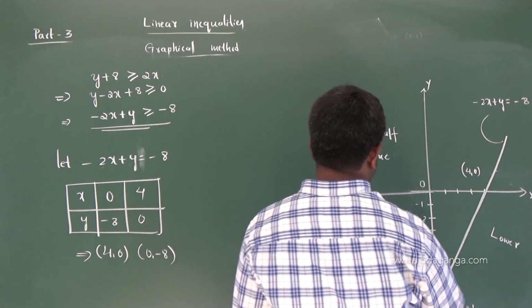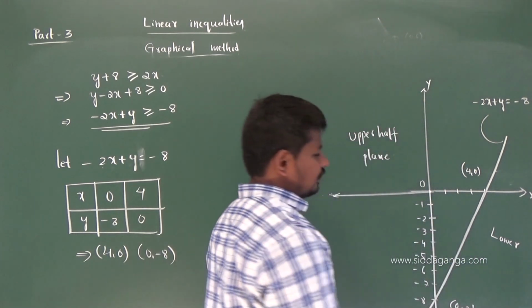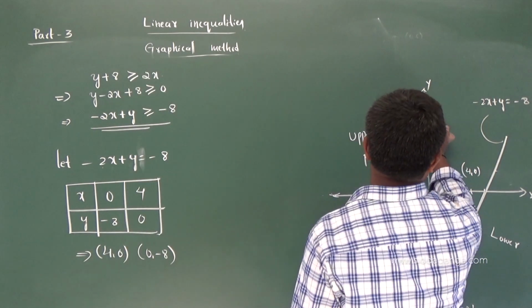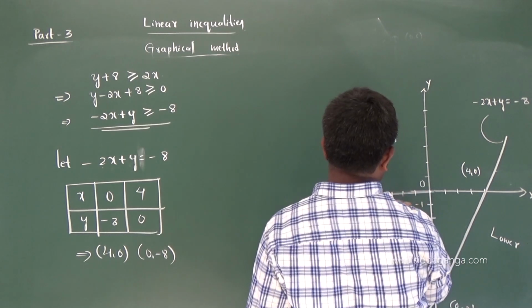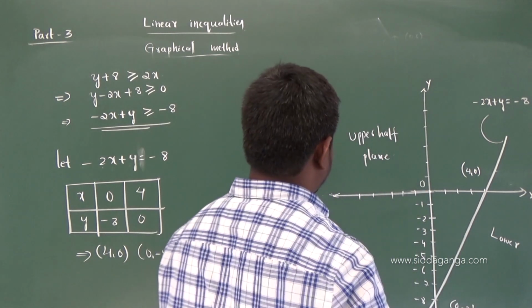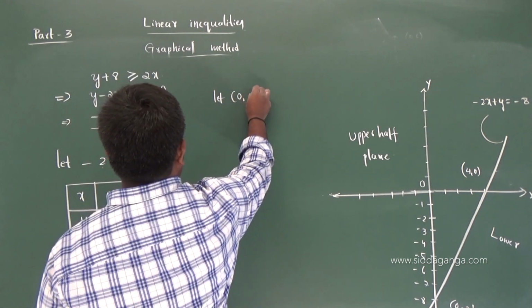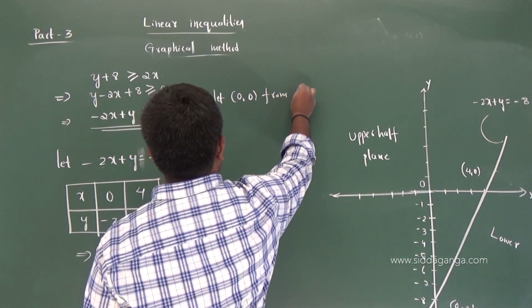Now take any point from any plane. I am going to take 0 comma 0 from the upper half plane. You have to mention these points, and substitute in the given inequality.